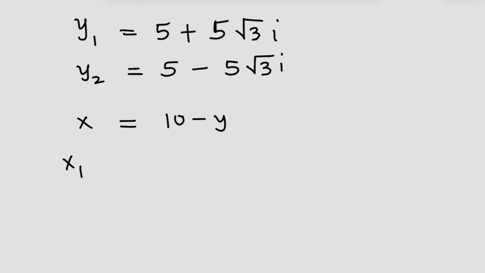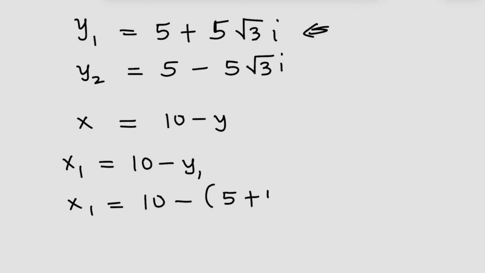Therefore, we get two corresponding values for x. For x1, we use y1, and for x2, we use y2. So x1 is equal to 10 minus this value, 5 plus 5 root 3i, which will give us 5 minus 5 root 3i.